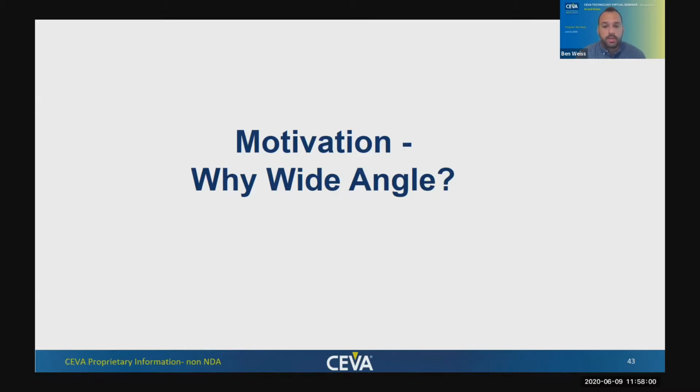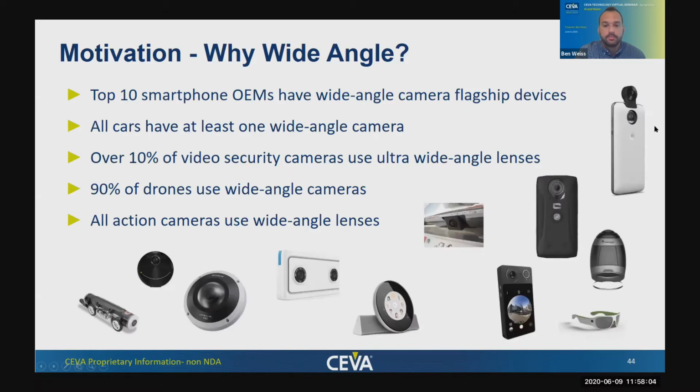So why do we need a wide-angle camera in our device? For the last couple of years, we can see a clear market trend related to wide-angle cameras. More and more OEMs prefer to integrate a wide-angle camera over the standard narrow-angle camera.